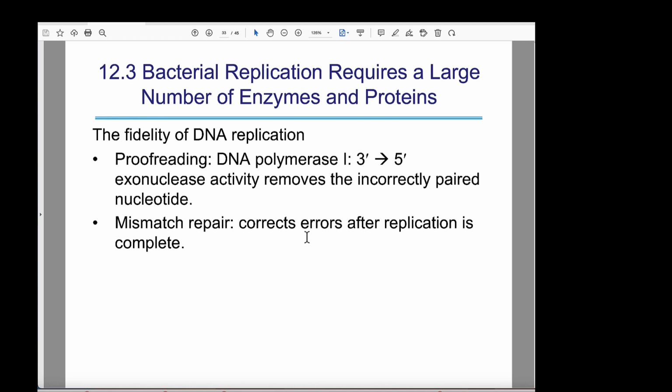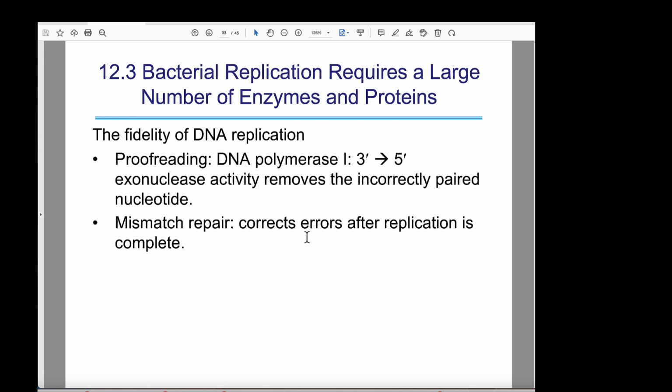All right, so let's go into a little bit of the fidelity of DNA replication. One of the ways that you can have increased fidelity of replication is through proofreading. Remember, in the very beginning, we talked about errors in replication being inevitable. It's going to happen. Whenever you're adding in bases at such a fast rate, you're bound to have some type of error that occurs, whether it's the wrong base being added or the base being twisted in such a way, which we call a tautomeric shift.